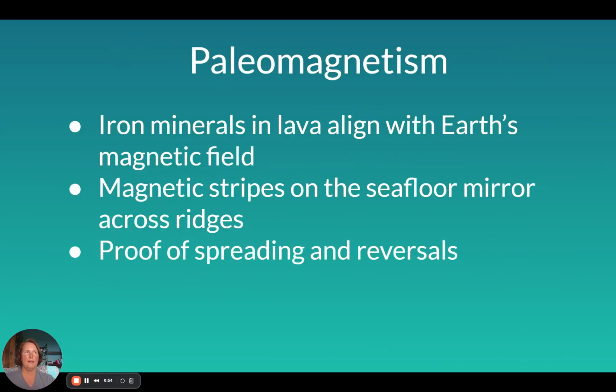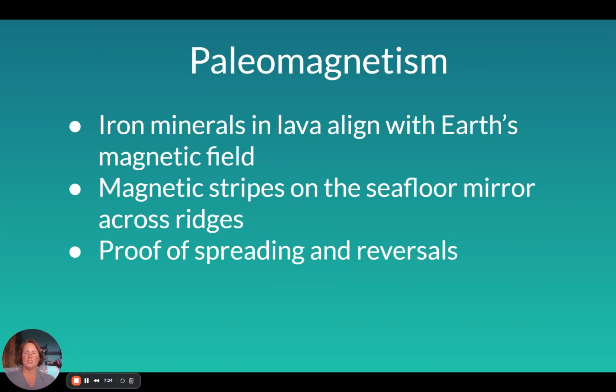So now paleomagnetism, we're not going to get super into this, but it is another evidence of continental drift. Iron minerals in lava align with Earth's magnetic field. So the minerals within the lava essentially become stripes along the ocean floor. We can see that the magnetism matches up.